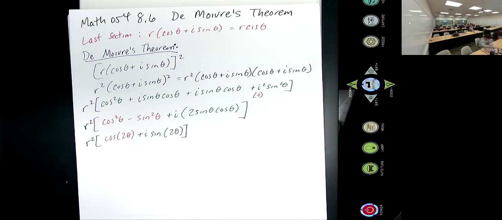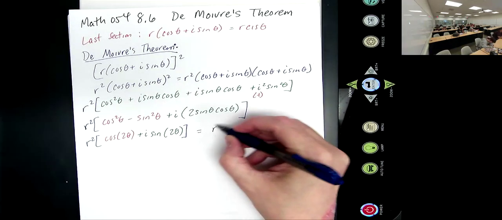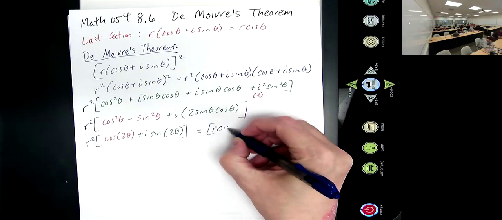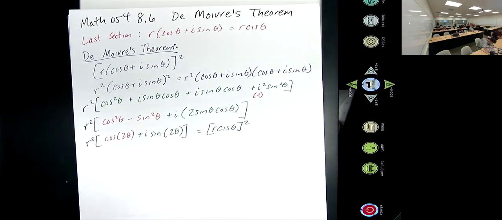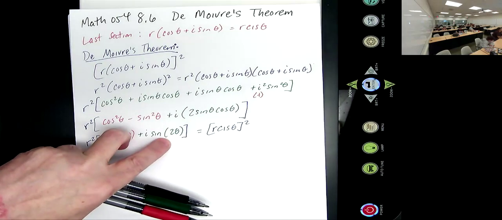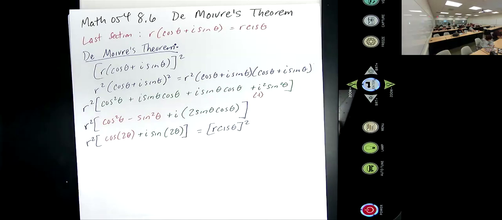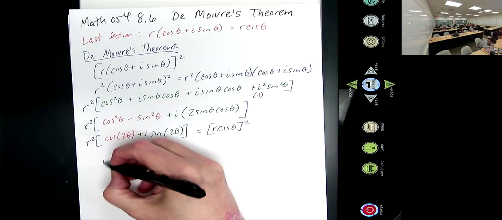Well, isn't that interesting? We started off with the exponent on the outside, and the exponent ends up still being an exponent on R, and becomes a coefficient on the angles. The math gets a lot more tedious if we upgrade this to a cube or anything like that, but it does hold true in general.